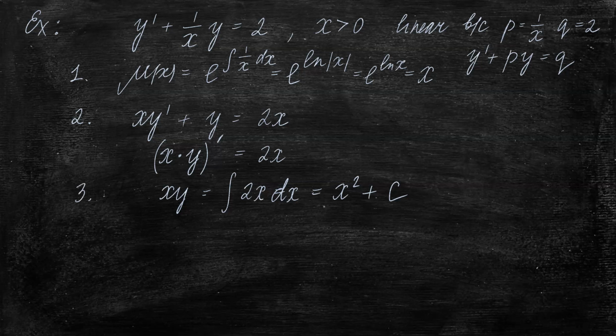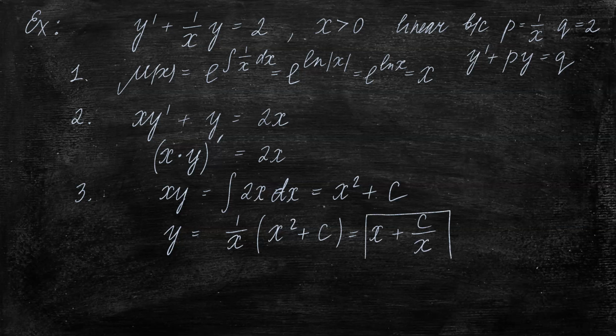The last part of step 3 is to isolate the function by dividing everything by x, which was the integrating factor. So the final answer is this. This is the solution of this first order linear differential equation.